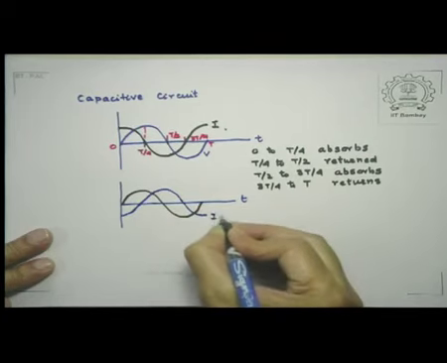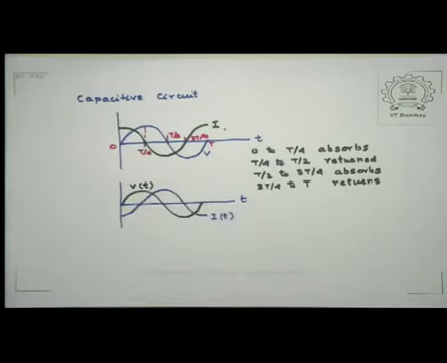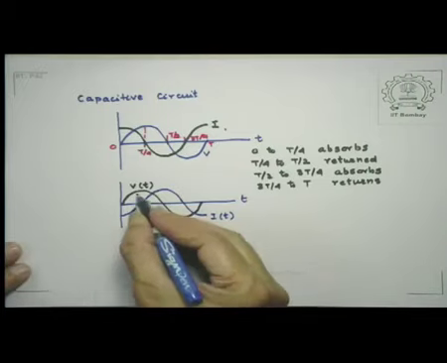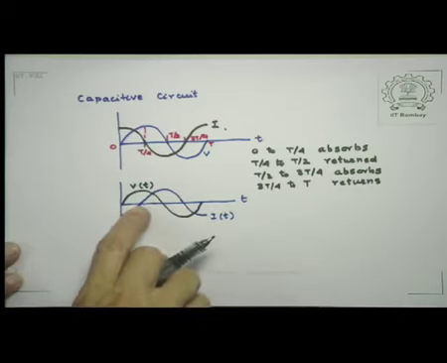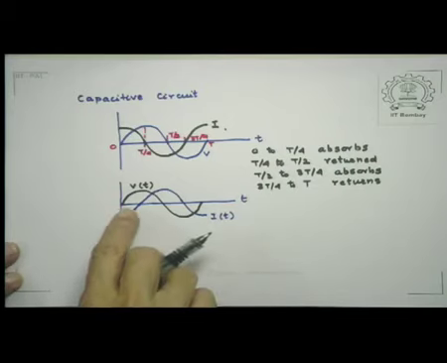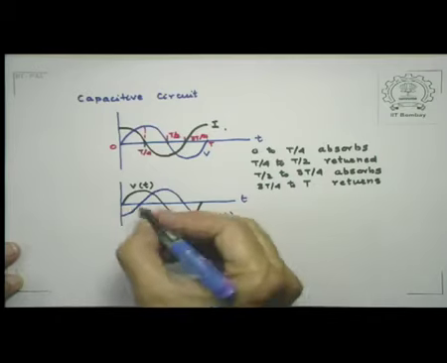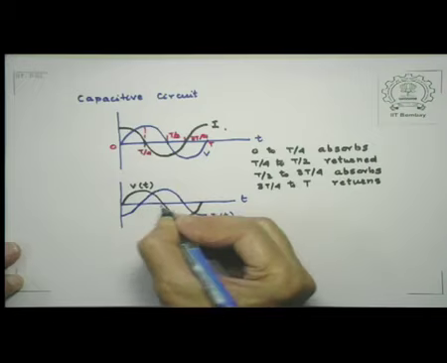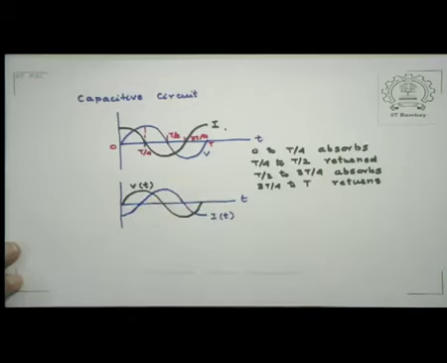So this is I of t, and that was V of t. So here you notice what happens is this, that in the first quarter cycle from 0 to T by 4, the product is negative. You recall that the power is being returned, what it had absorbed in the preceding quarter cycle. And I have already pointed out that this is not really the point where you actually switch it on, but it's a reference point from some time. And in the next quarter cycle, both of them are positive, so therefore power is absorbed and again returned and absorbed like this.